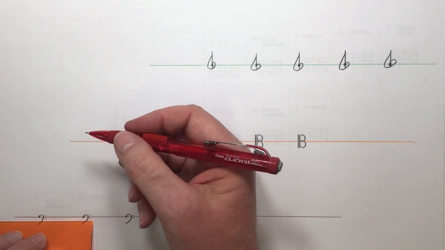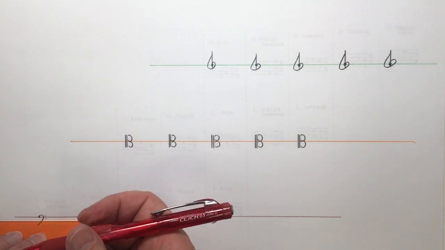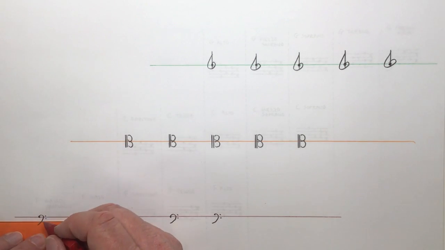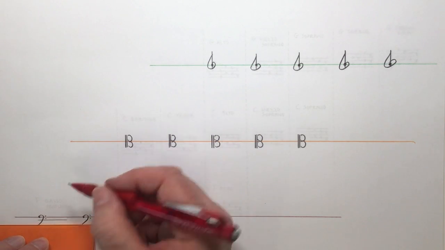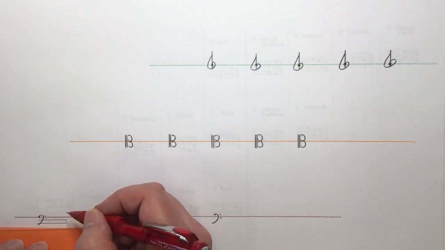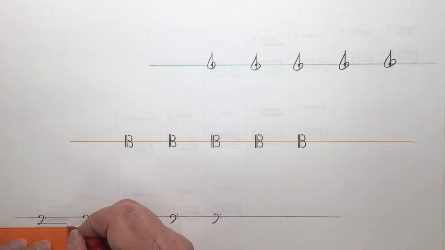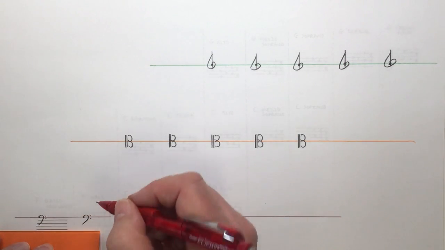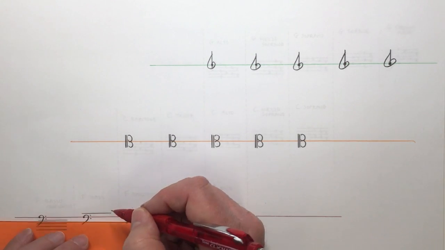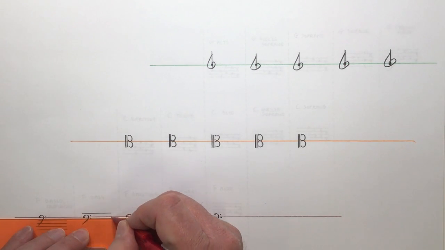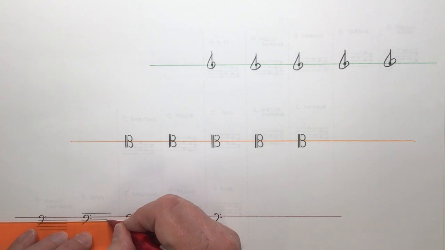Back here on the F, as we discussed in the last video, that F can be the top line, line 5 of 5. It can be the second line from the top, line 4 of 5.